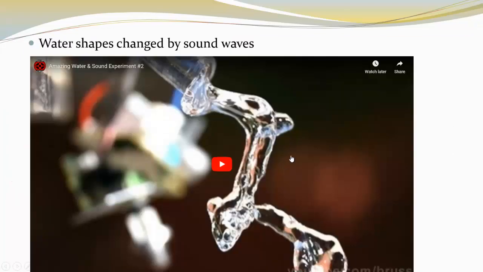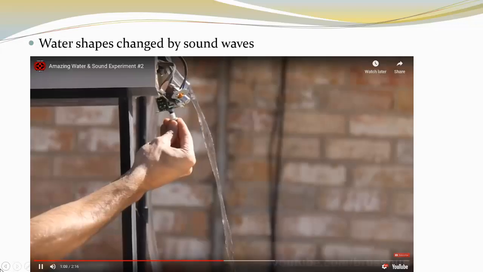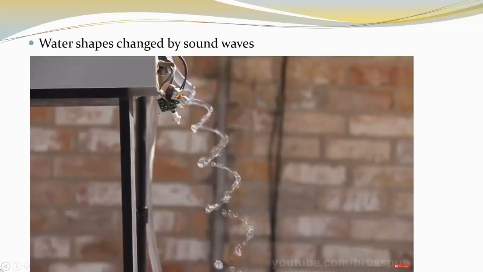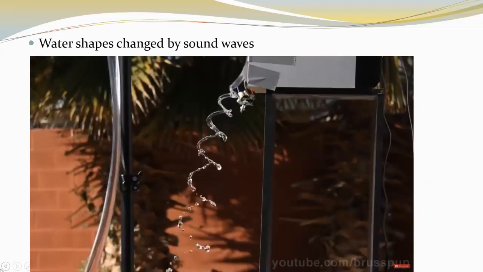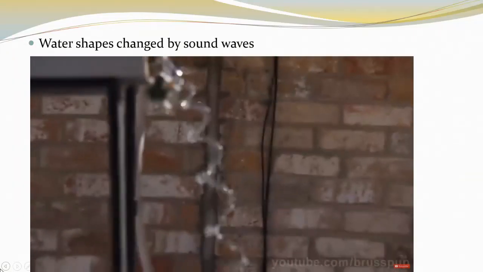You can see the same sort of pattern if you attach a water hose to a speaker, and you can actually see the wave that the speaker is making when you do that. This is obviously very slow-mo, but if you watch, that little hose is attached to the speaker there, and when the speaker vibrates, it's pushing the water, and it's moving at 25 hertz.